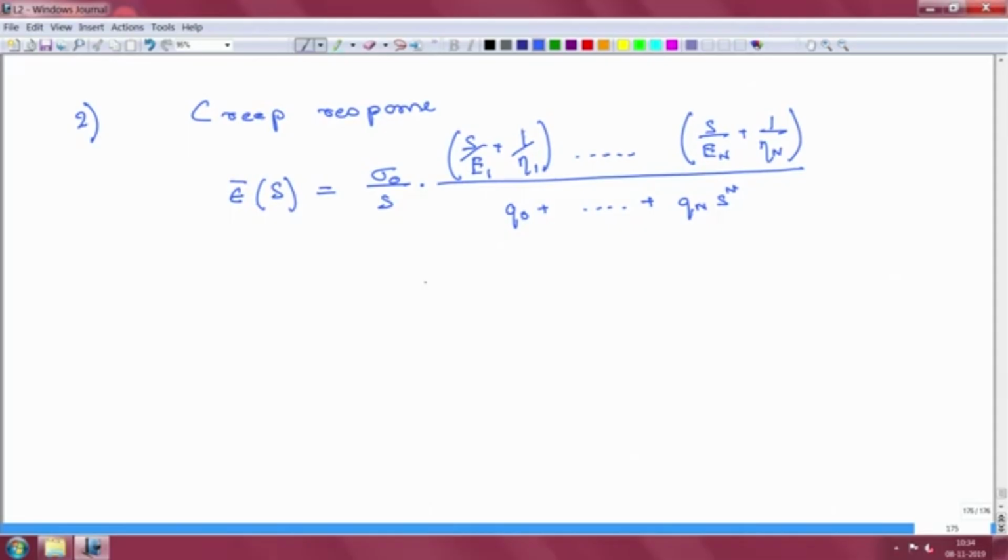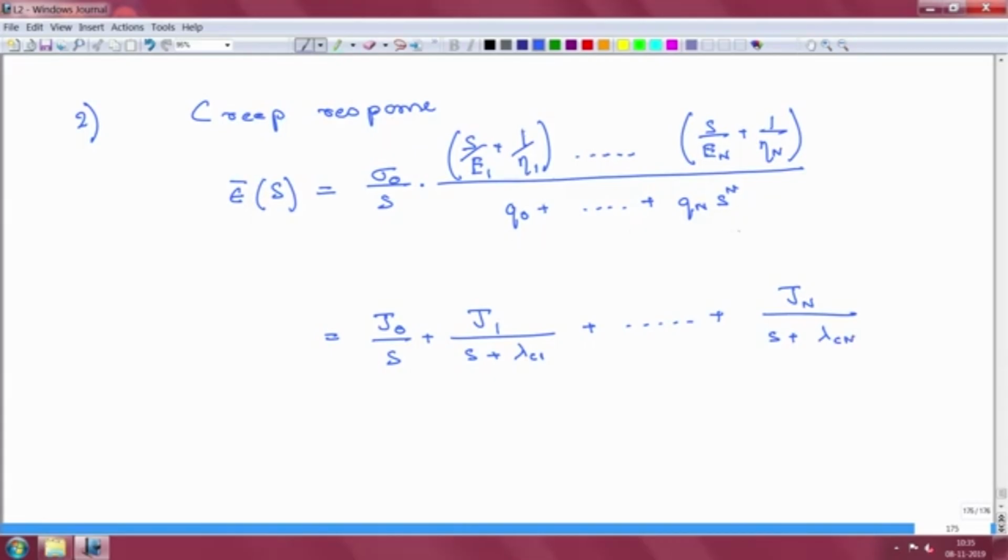This is again a rational fraction, and the same fraction can again be written as sum j naught by s plus j 1 by s plus some lambda, and I am going to call this creep 1, and the same way till j n by s plus lambda.